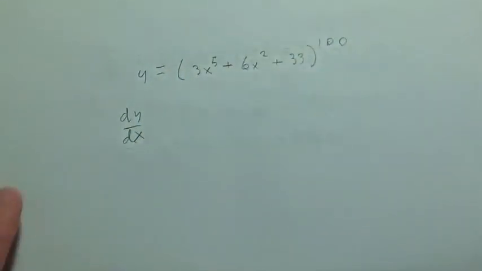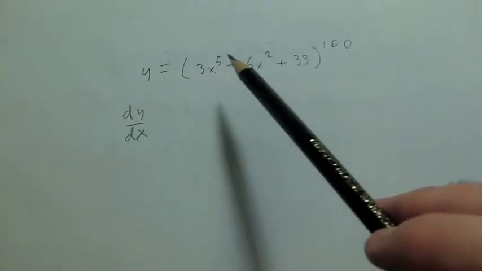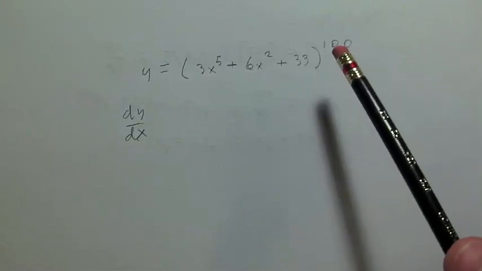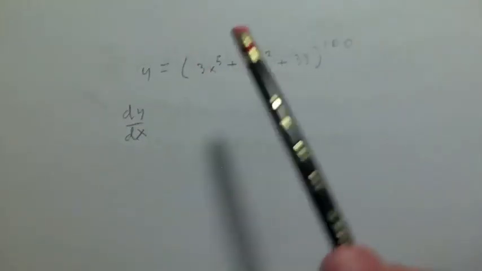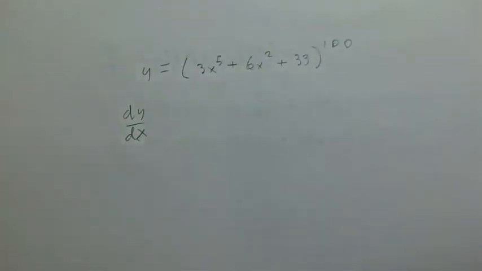Well, if you didn't have the chain rule, this would be a beast, right? Expanding this thing out, raised to the 100. Imagine doing that. Just think about how long that would take to expand that out and then use the power rule on every separate piece. This is potentially a 500-term polynomial when you multiply it all out. Okay, potentially. I don't think it would be, but it'd be close. All right, and it's already way too long.